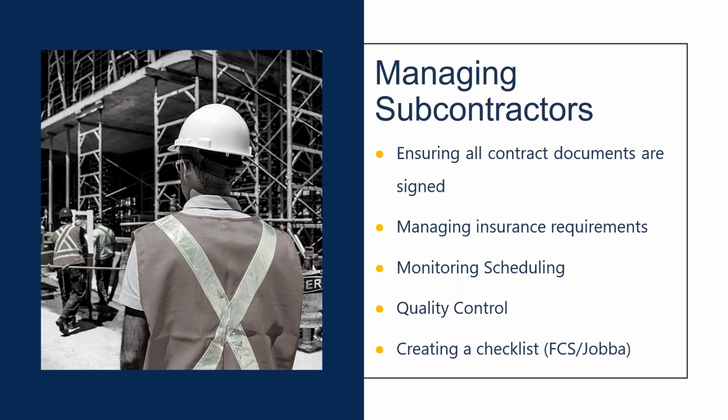First is ensuring that all your contract documents are in order. Okay, and this sounds obvious, but oftentimes it's not. So what we recommend is really having a master subcontract agreement, especially if you're using the same subs or using other subs. Now, obviously, I'm not going to get into whether a sub is really a sub or it's just your employees and you're just calling them a sub. That's a different webinar.